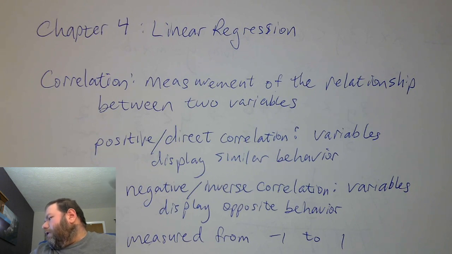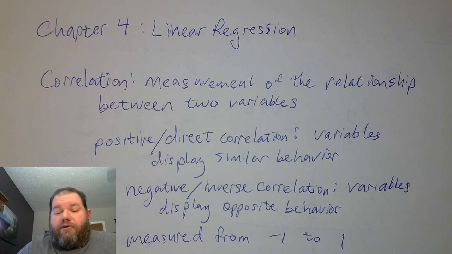The best way to say it is that if one of the variables is increasing, then the other is decreasing. That's what a negative correlation means.